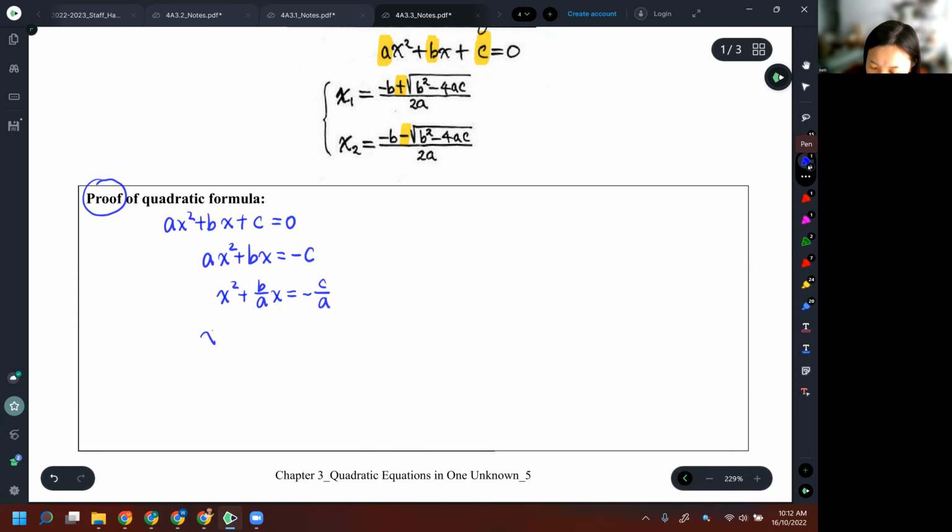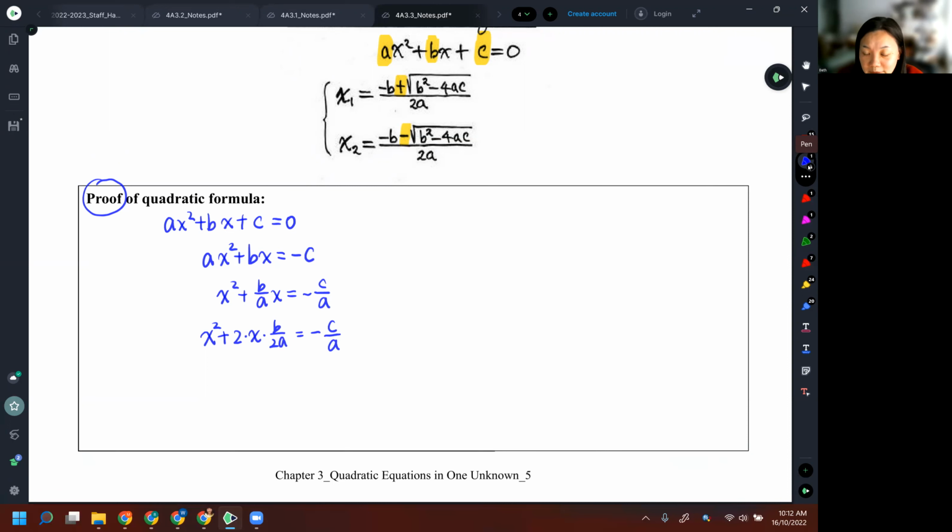Change this to x squared plus 2x times b over 2a. Now I am here rewriting b over a into 2 times b over 2a. It seems very strange why I do that.